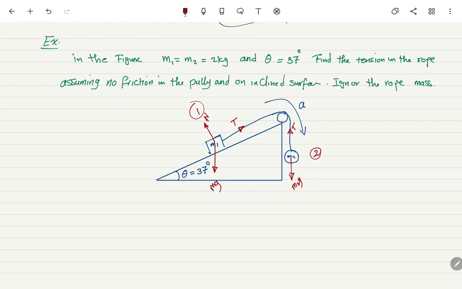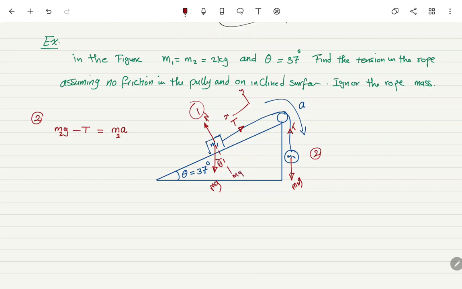Now, starting from the easiest one, which is system number 2: with the force with the acceleration first, we have M2G minus tension equal to M2A. Now on system 1, we have the weight, and here we need to analyze the weight, because we have to rotate the coordinates. This is x and this is y. So again, we find that this is theta here.